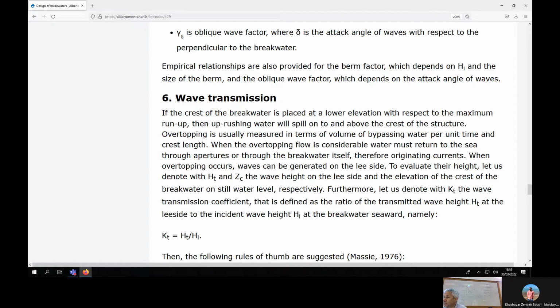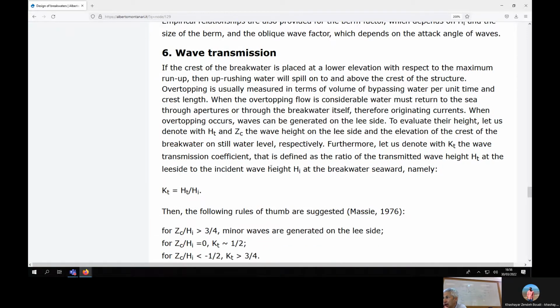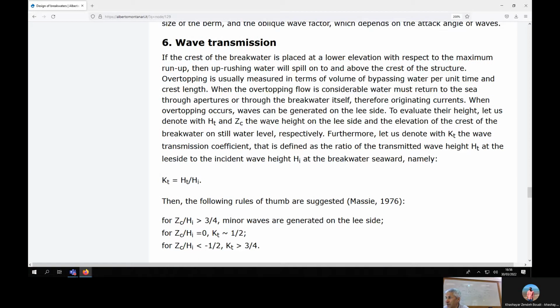Okay, and so how to estimate the height of waves on the lee side? Usually there is an empirical formula which estimates the wave transmission coefficient, KT, which you see here, and it's simply defined as the ratio of the transmitted wave height to the incident wave height.